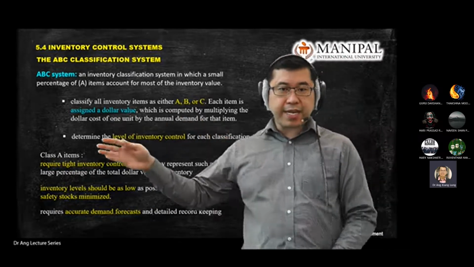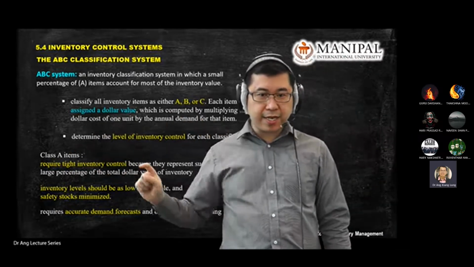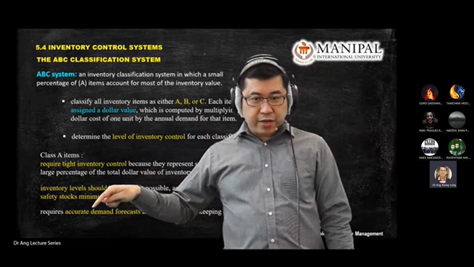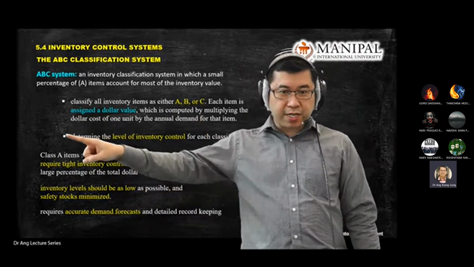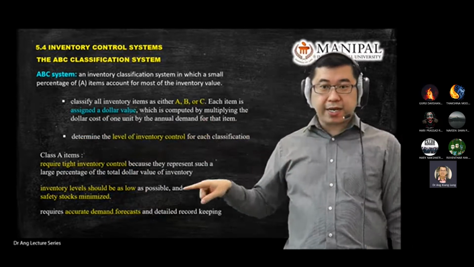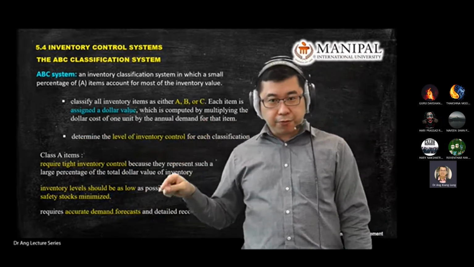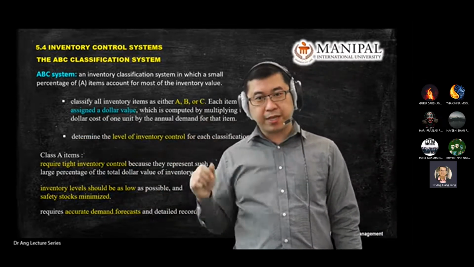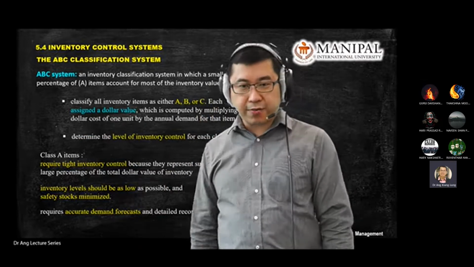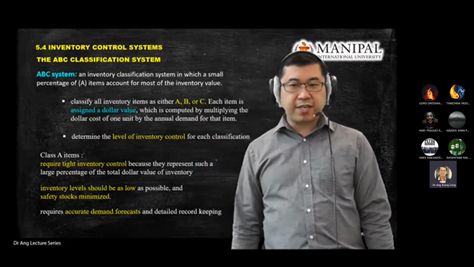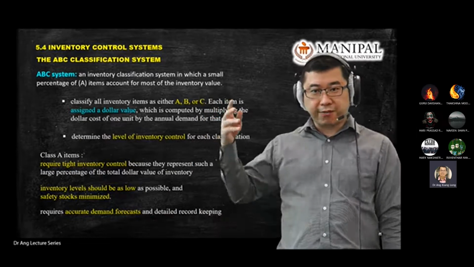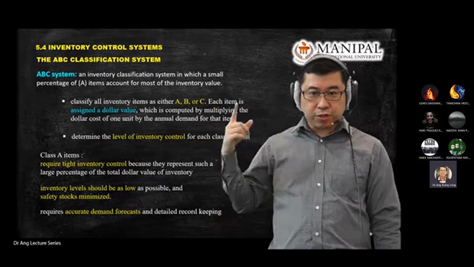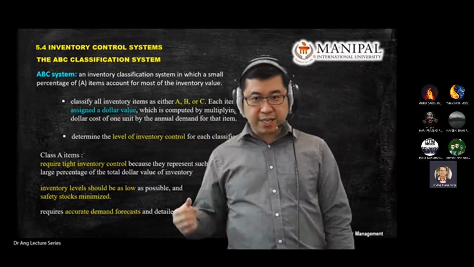And the higher the classification, for example class A, you need an accurate demand forecast for class A. That's why we learned in chapter 4 previously, there are a few methods you use. The most accurate one is the linear trend forecast. Of course, there are a few more: exponential, adjusted exponential, and so on.